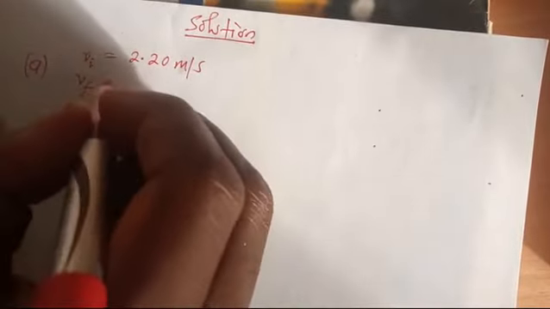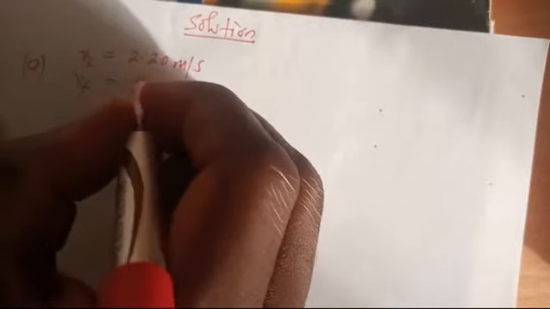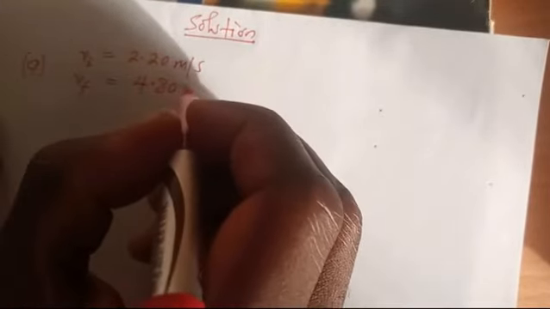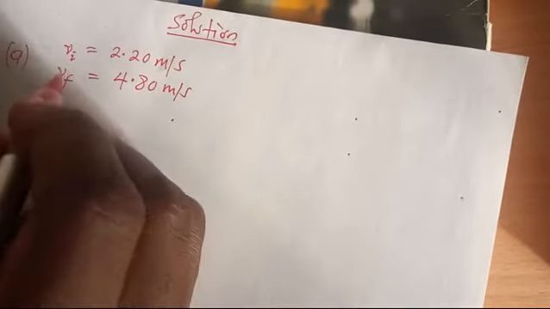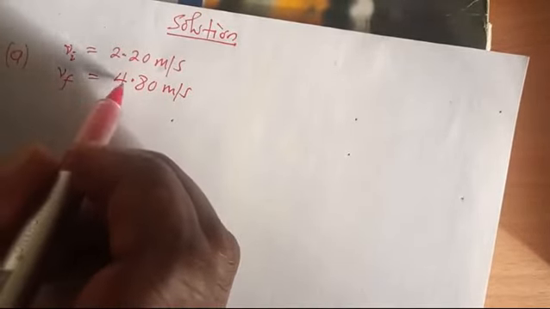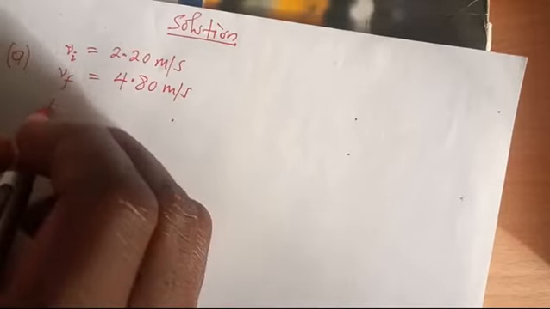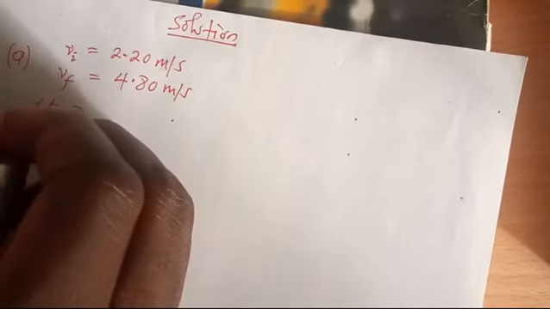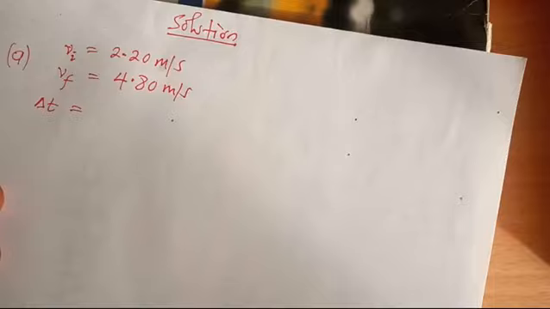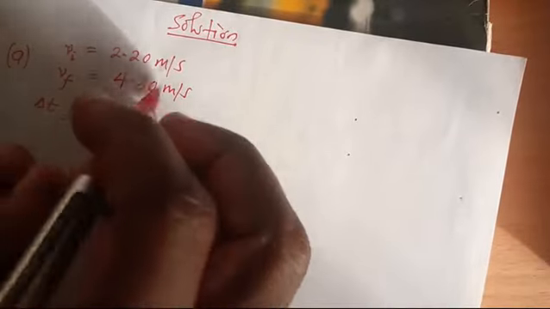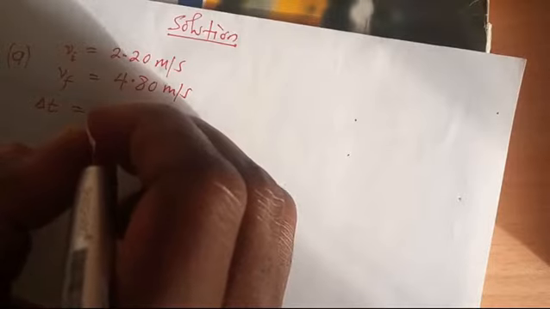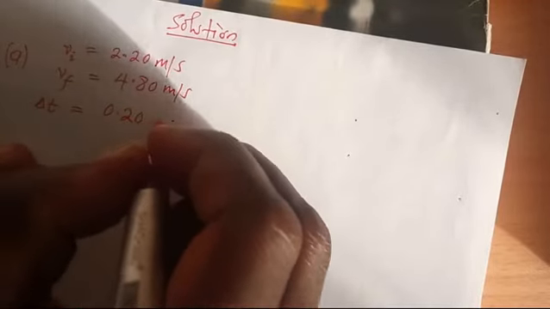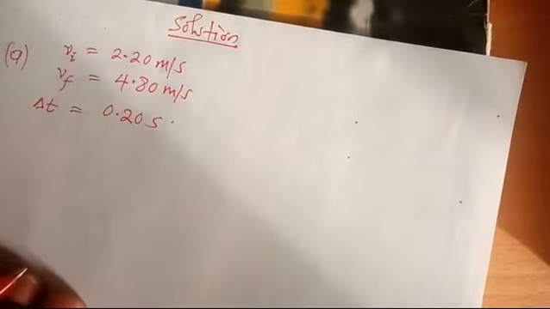Our v sub f, the final velocity, is given as 4.80 meters per second, and then the time it takes for the velocity to change from this value to this value is t, or I prefer, let us call it delta t, and this is equal to 0.20 seconds according to what we are given.